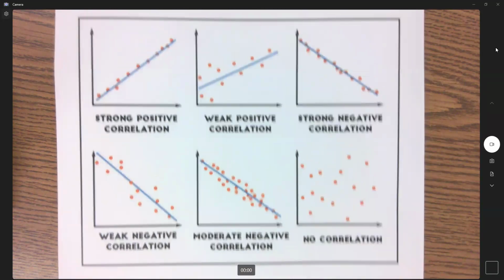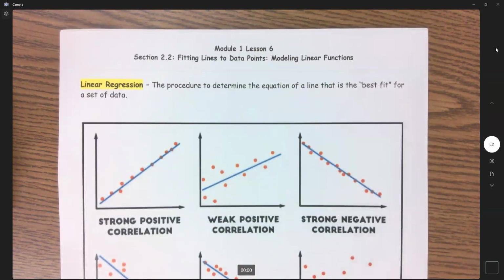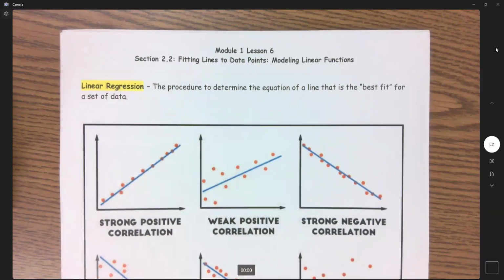So this is going to be our first lesson of 4 on different types of regression. We're going to be focusing on linear regression in this one. We're going to do quadratic regression in module 2, then exponential and logarithmic regressions in module 3, and cubic and quartic regressions in module 4.